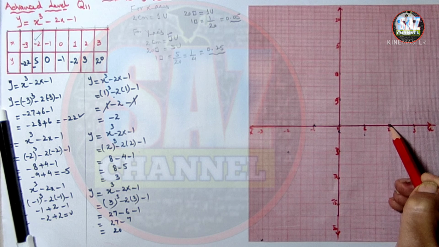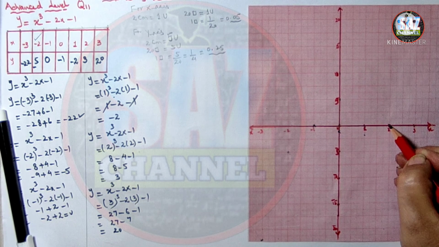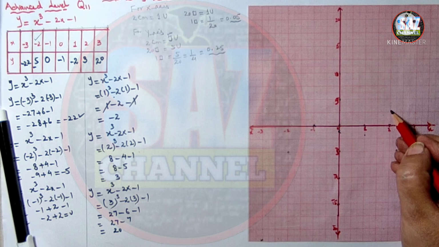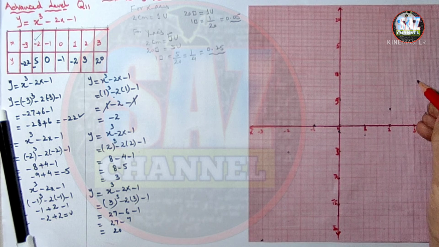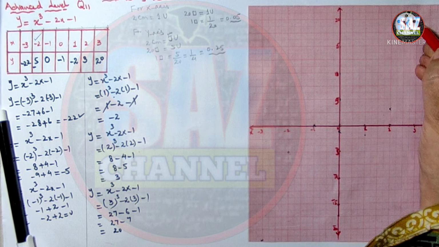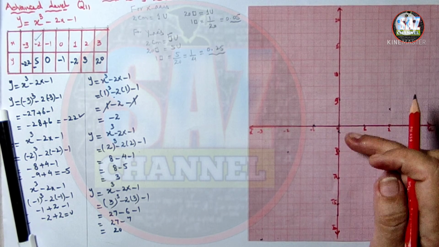One small block has the value 0.25, which means for 1 unit I need to move 4. So for 3 units I need to move 12 small blocks. And for x equals 3, y is 20, so 20 is really clear, so I will not be struggling. And now I have to see which point is this.